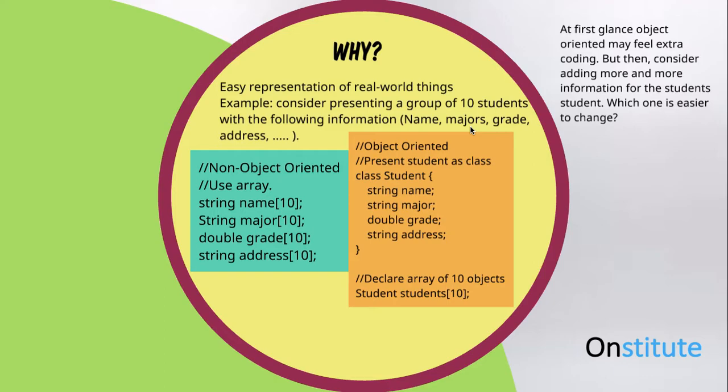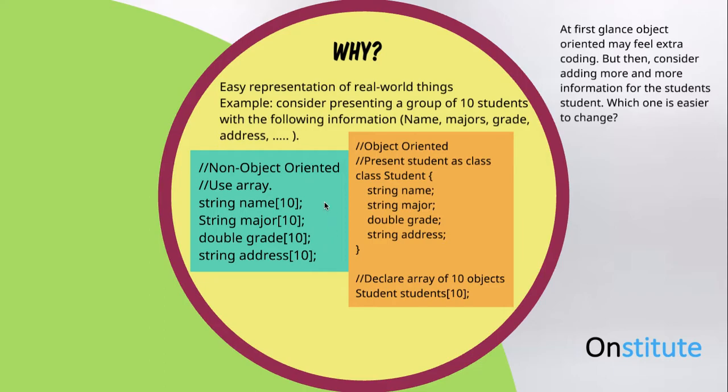In a university, when they maintain the records of students, there can be hundreds of different pieces of information. Their name, major, grades, address, SAT score, first name in a different way, the grades for each course separately, lots of different things. At that point, how are you going to represent that in a non-object-oriented paradigm?